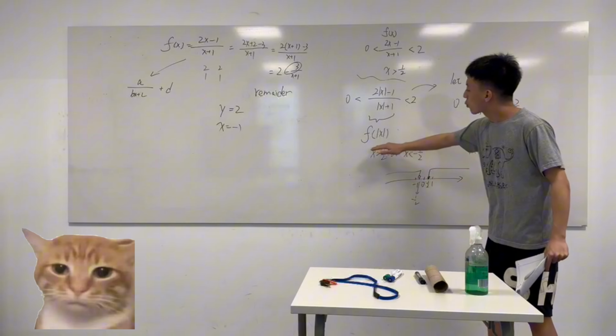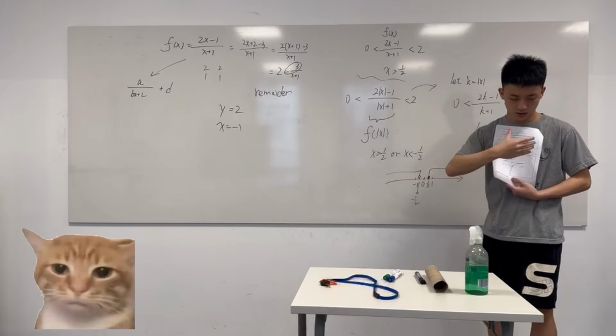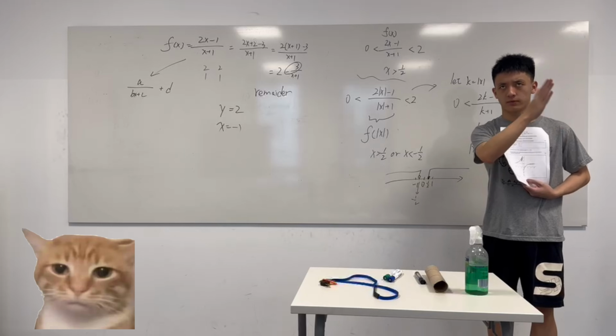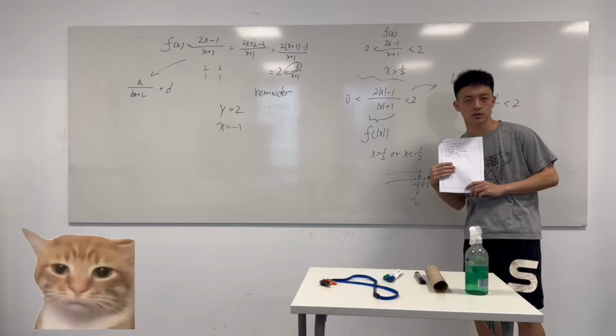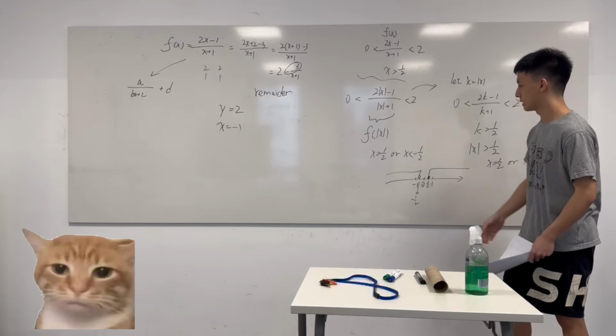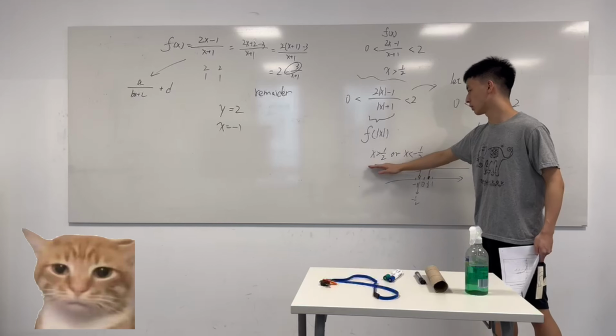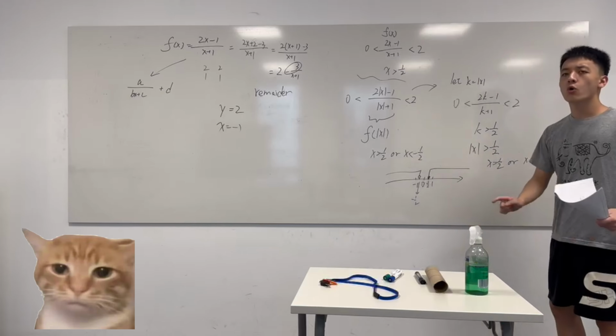Therefore, the graph of this function should be the graph at the right side reflected exactly the same to the left side. Then according to the graph, you can see the answer should be x more than 1 over 2 or x less than negative 1 over 2. Or here's another way.